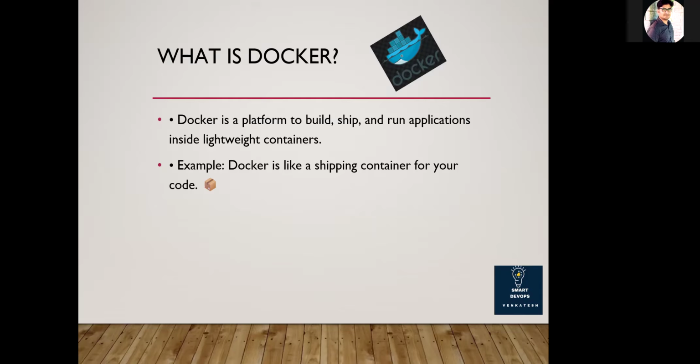So it has become the backbone of containerization in the software world. That is the main use of Docker. It is very easy to create an image, build the image, and run the container. It's very easy to use when you start using Docker.